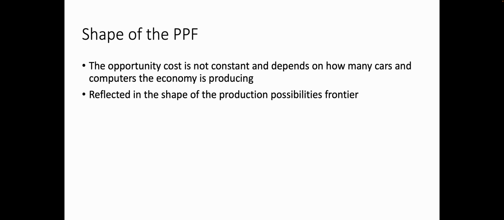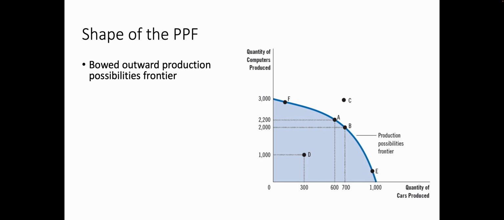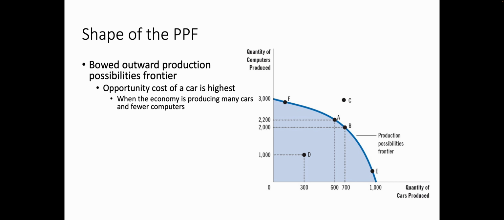The shape of the curve, the actual edge of the frontier, is not constant in our cars and computers example, and it reflects in the fact that it bulges out. I just want to make that point here. This is obviously not a linear curve. Let's look at one point where the opportunity cost of a car is highest.